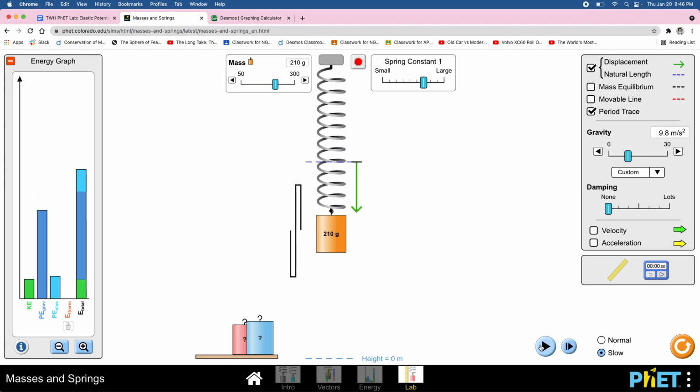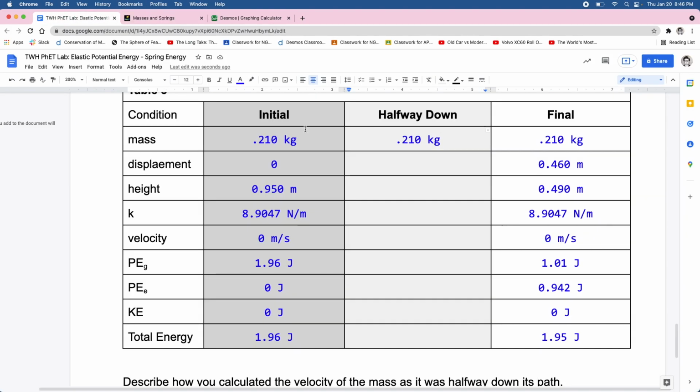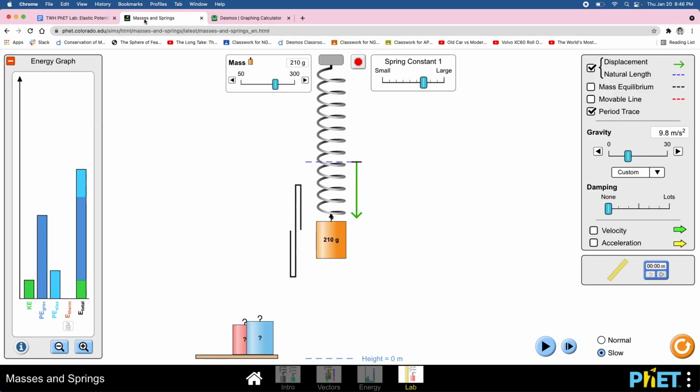That's about halfway down. That is about halfway down from its maximum displacement. Okay, it makes a little S on the trace, and its total displacement should be something like 23 centimeters. Let's see if that's about right.